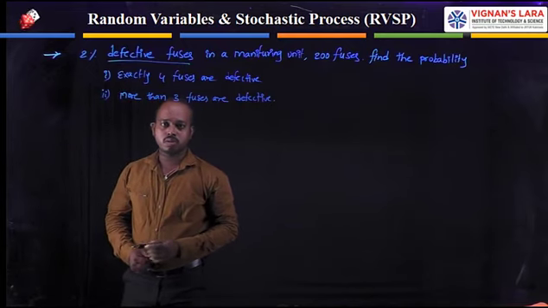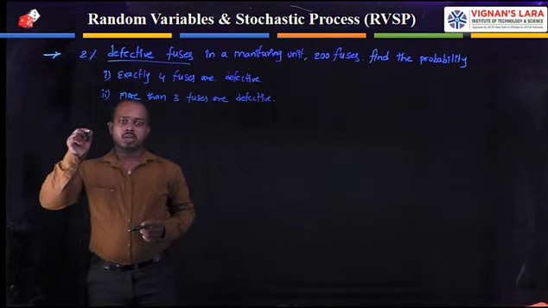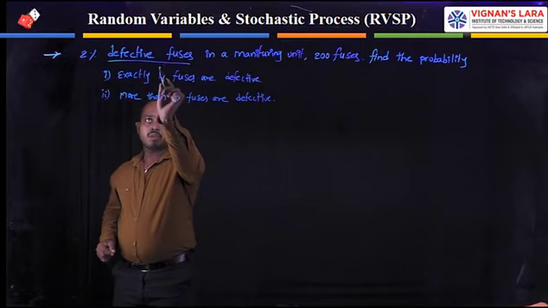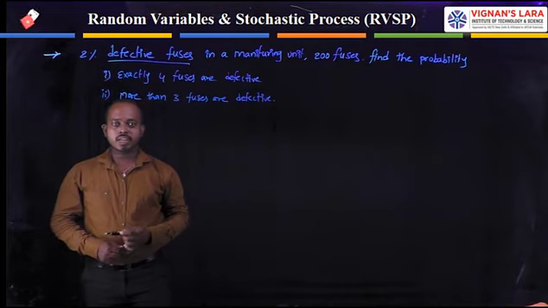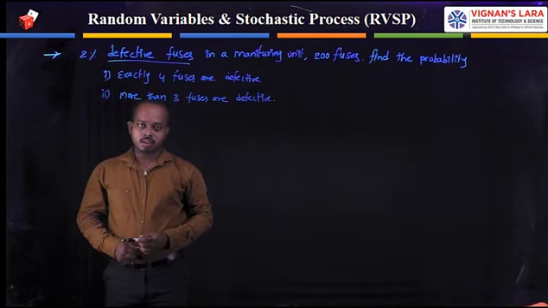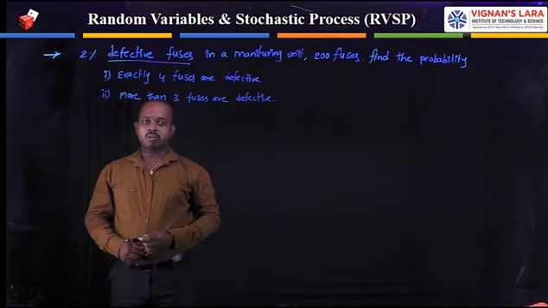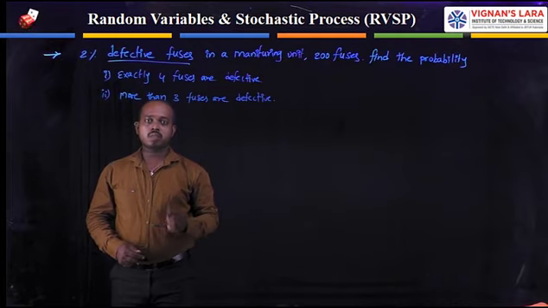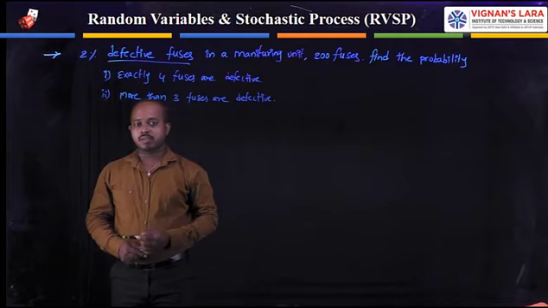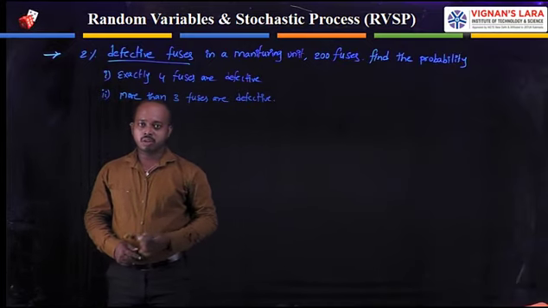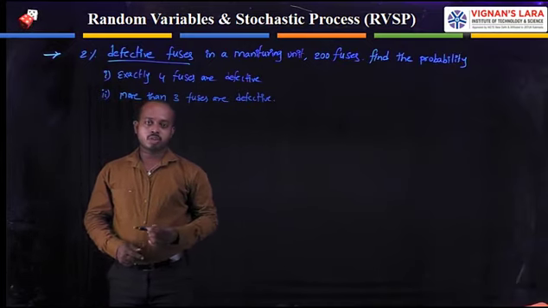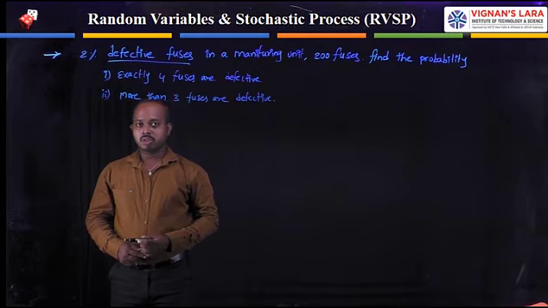Defective means this type of event is a rare case. Rare case events we mostly see in the Poisson distribution, because the success probability is very small. That's why you select the Poisson distribution function.